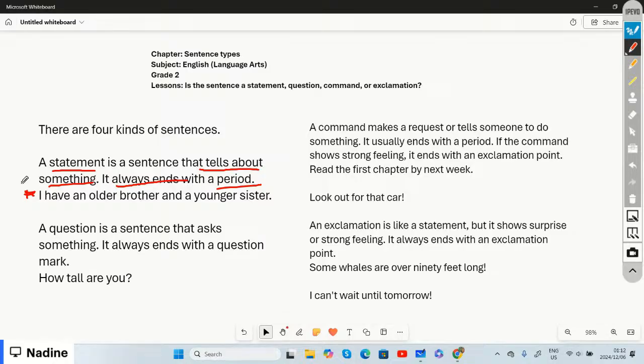So basically, you telling somebody that I have an older brother and a younger sister, the person doesn't even have to respond, right? That is why we say that a statement, it basically just tells you about something.